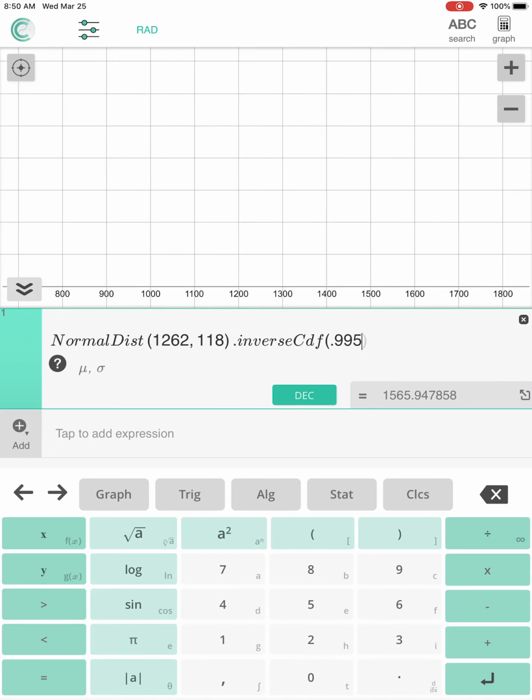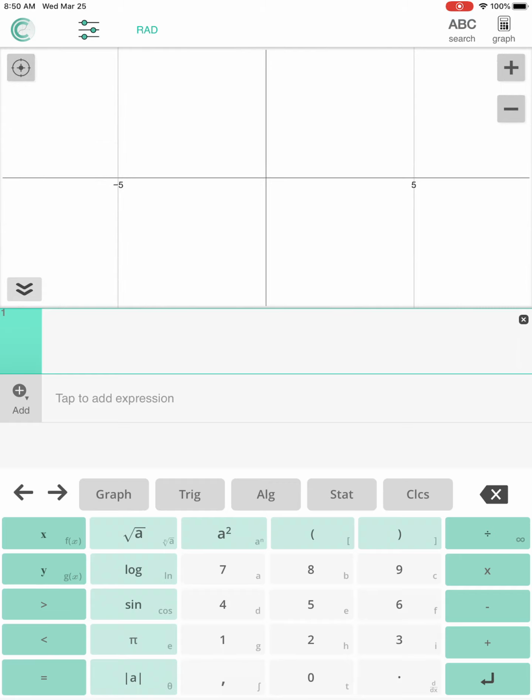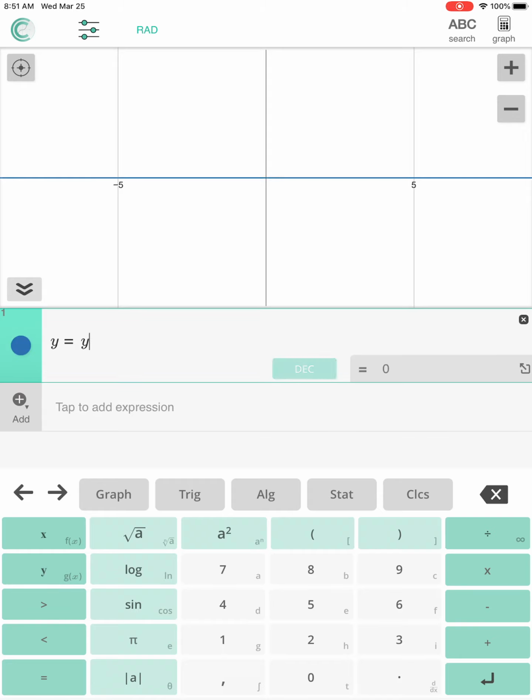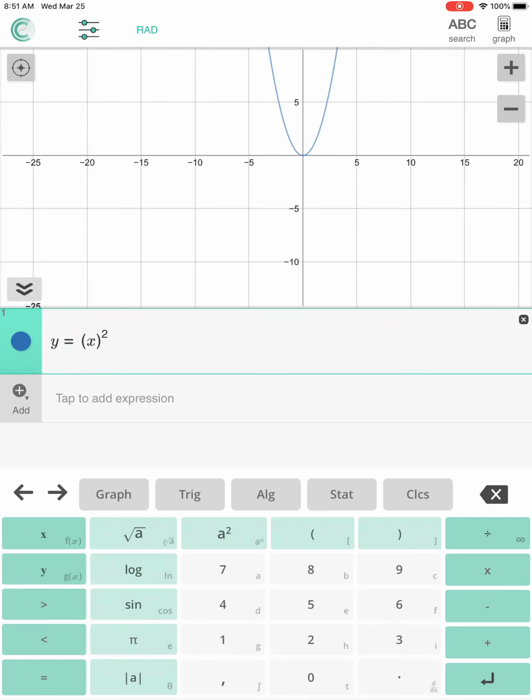So if we use our Class Calc app briefly here, we can see these transformations in action. If we start with our basic function, y equals x squared, there's our basic function that we start with. So let me zoom out a little.